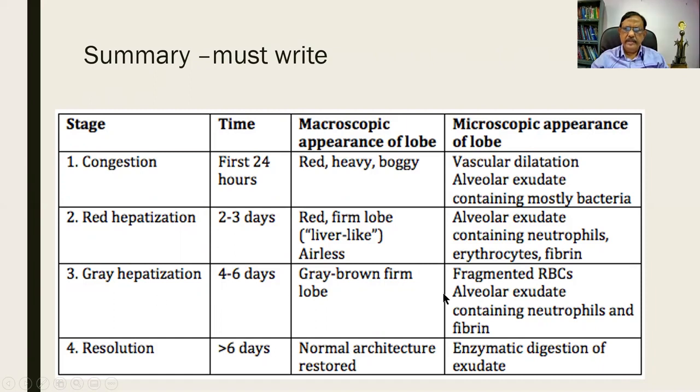Gray hepatization, you find that neutrophils will be replacing the RBCs, abundant fibrin, and then a clear area around the infiltrate. Resolution takes about 5 to 6 days. Normal architecture is restored due to enzymatic digestion. This is a summary that you must write and it will definitely fetch you 80% marks.